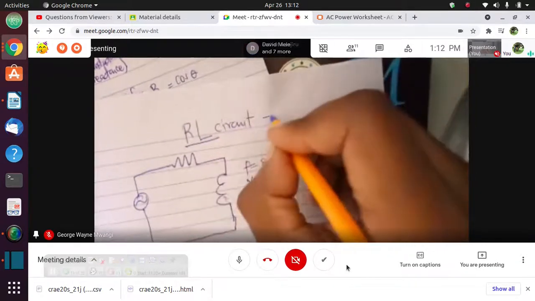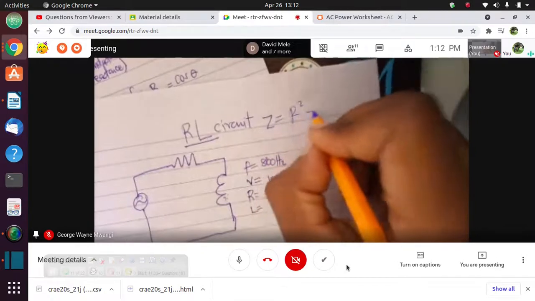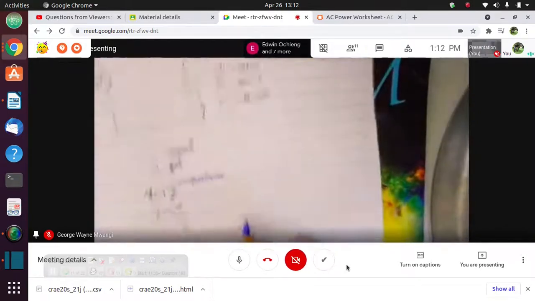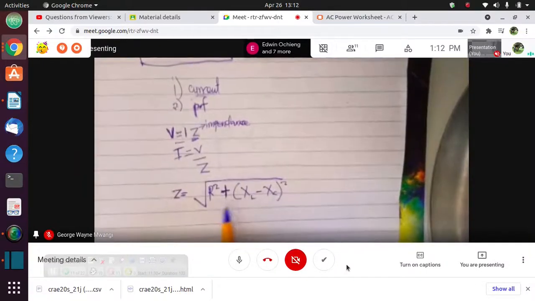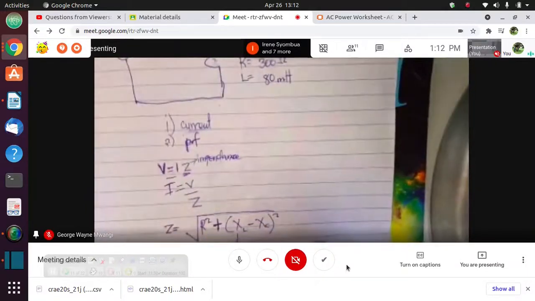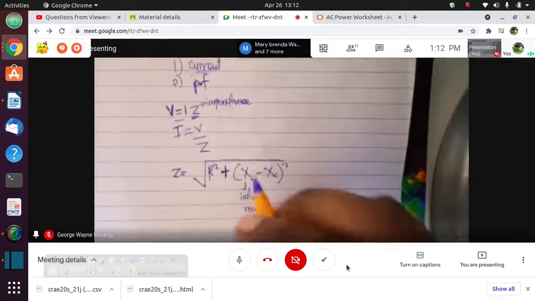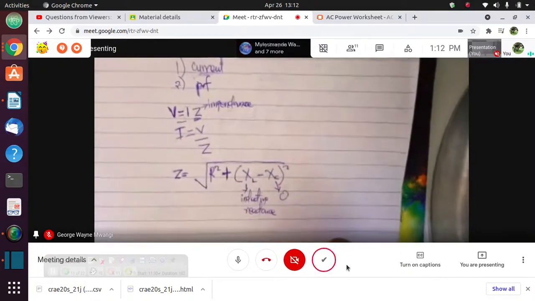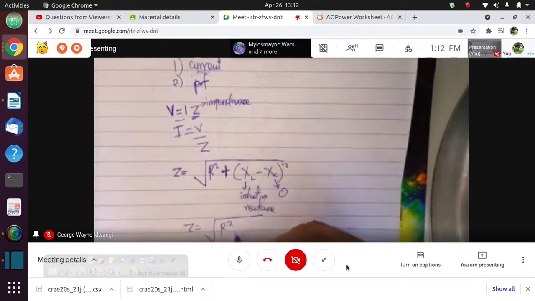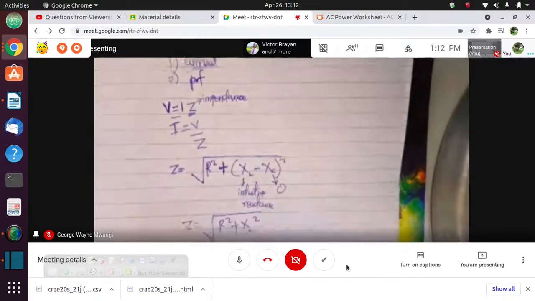In such a circuit, Z is given by the square root of R squared plus XL squared. Since it's an RL circuit, we'll have inductive reactance, but our capacitive reactance will be equal to 0. So Z will be equal to the square root of resistance squared plus the inductive reactance squared.